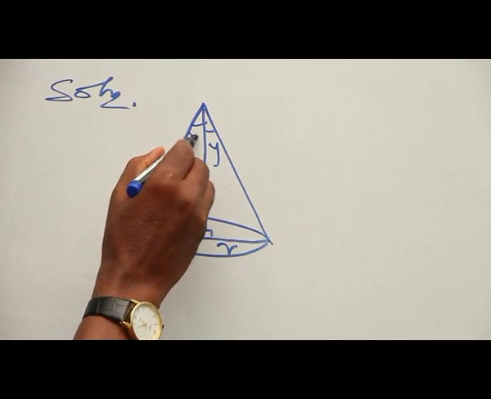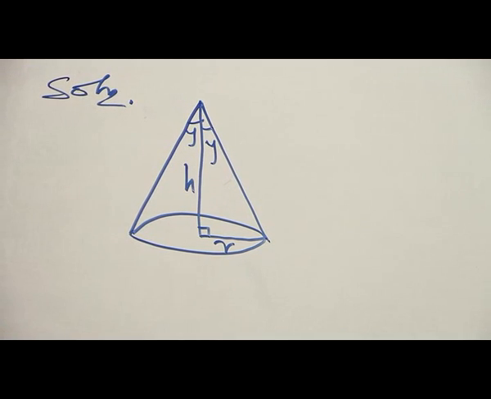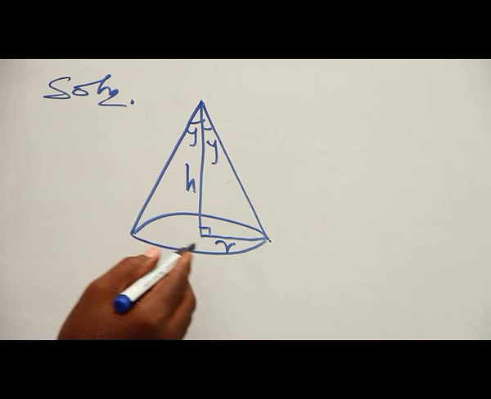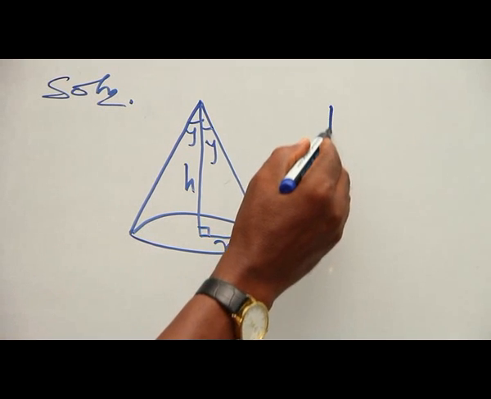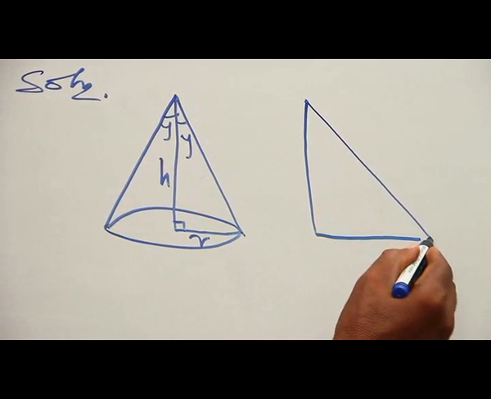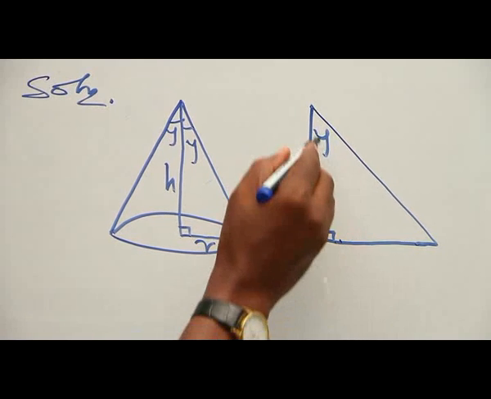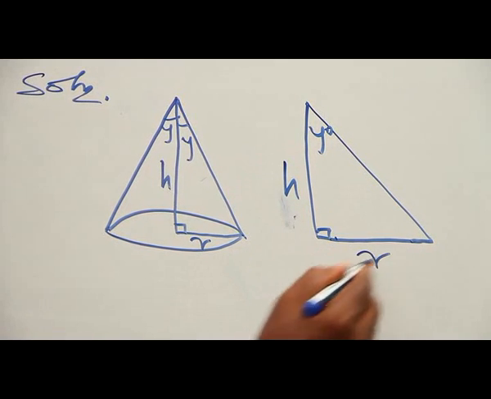And this one is also y degrees. Now with this sketch, you bring out the triangle. This is your h, your y degrees, and then your r.